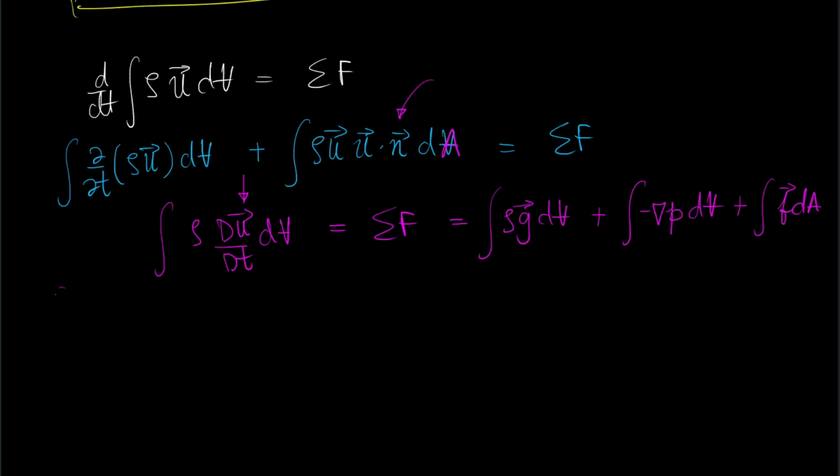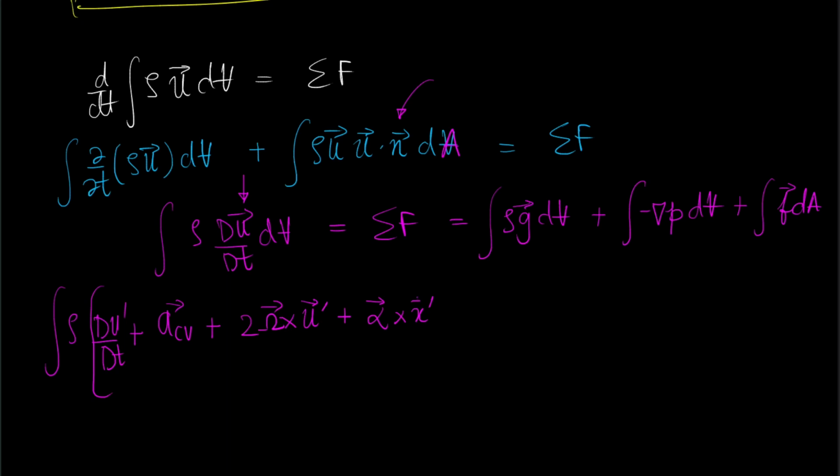So the left hand side we can write down as rho times du/dt, which is the same as du'/dt plus the acceleration of the control volume plus twice omega cross the velocity in the control volume plus alpha cross x' plus omega cross omega cross x' in the control volume, dv.